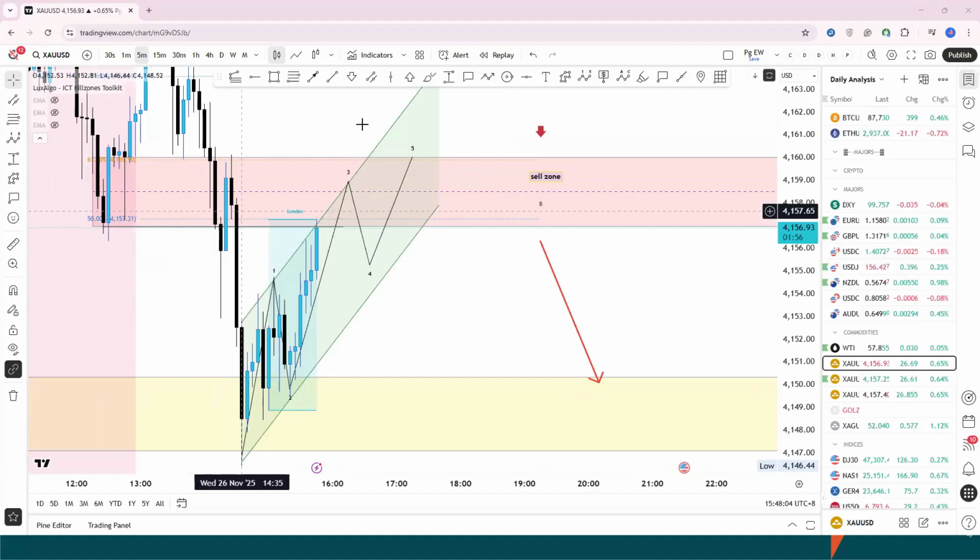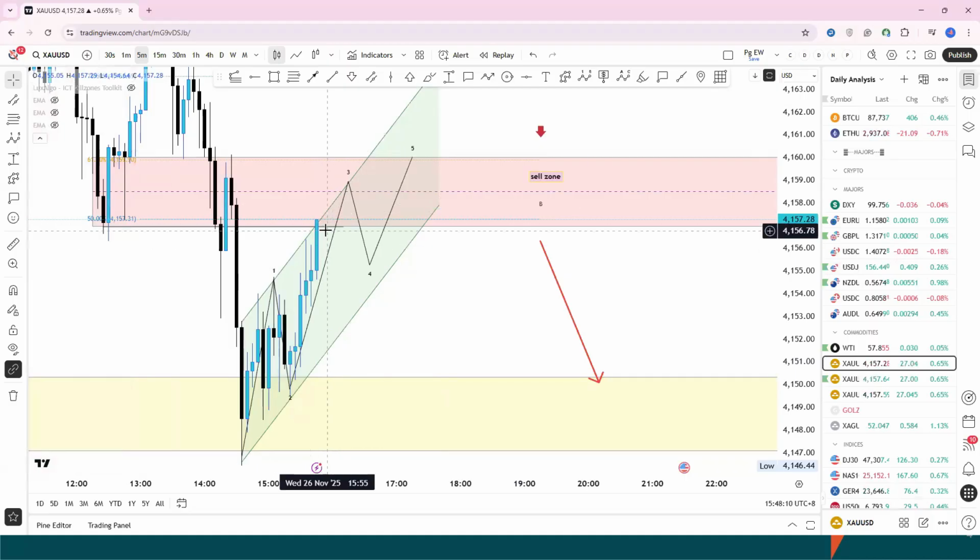Okay. Now it's gone into the sell zone already. Price has entered the sell zone here.